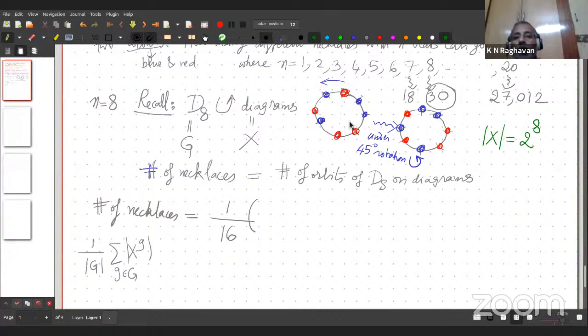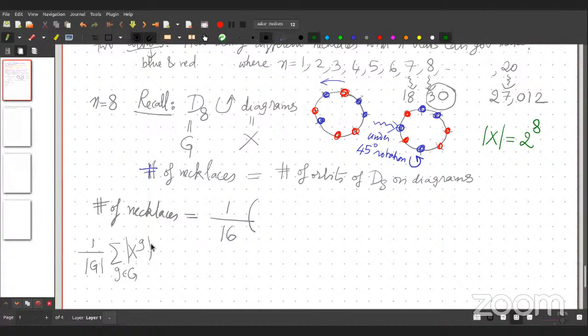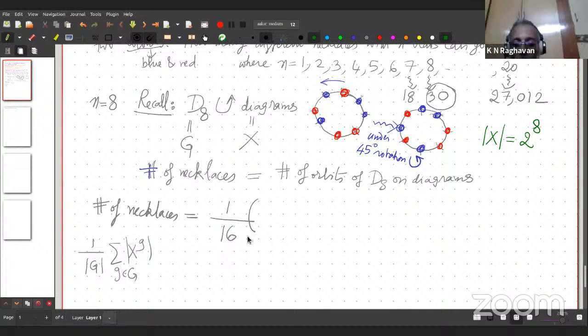What does the identity mean? I do nothing to it, right? So it naturally gets fixed. So what should I write here? What is it if G is the identity? Yes, please. 2 power 8. Very good. So the first number is the number of diagrams fixed by the identity.